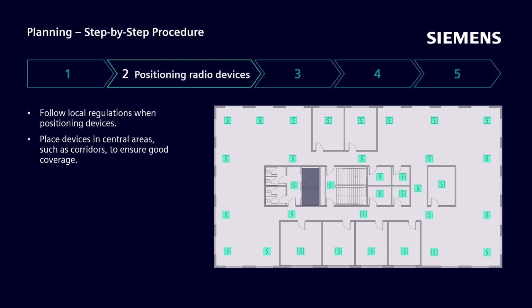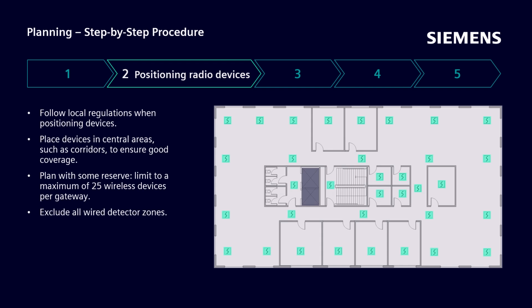Corridors are ideal, as they often connect multiple rooms and help distribute the signal more efficiently. To ensure flexibility, always plan with some reserve. We recommend a maximum of 25 wireless devices per gateway to allow for future adjustments. And remember, only radio devices should be planned. Areas with wired detectors must be treated as exclusion zones and left out of the wireless plan.